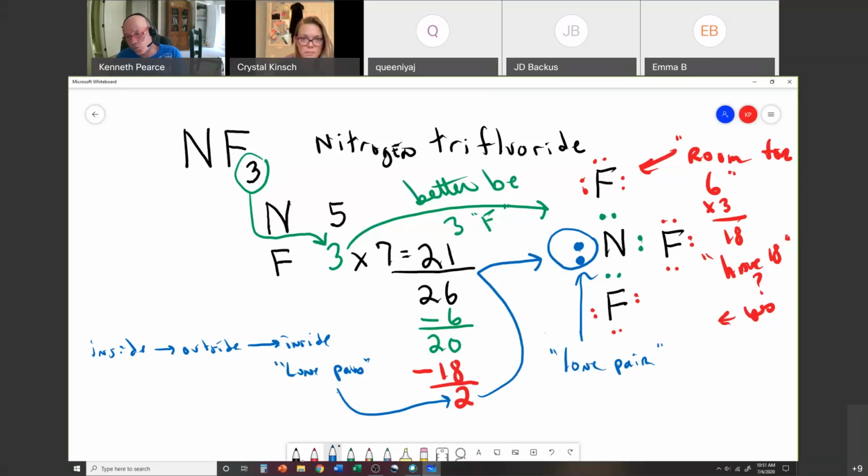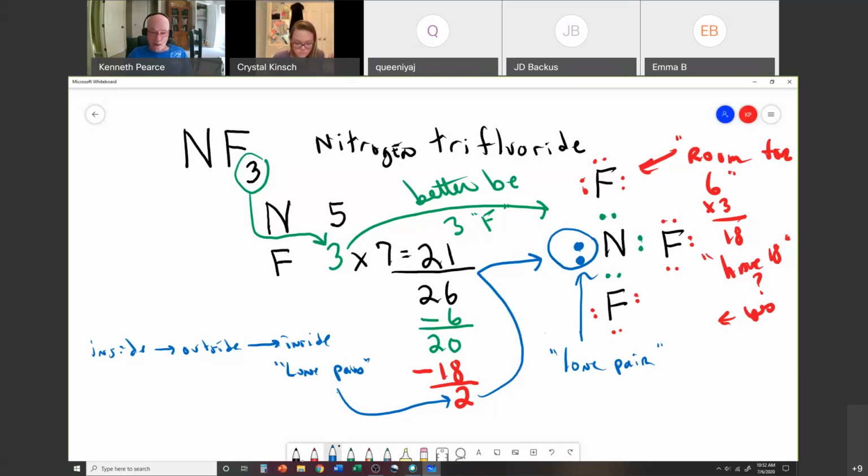Also, the reason why you circle lone pairs is they take up space. More on that with geometries. When we're looking at geometries, it's important that we understand that lone pairs take up space and that they exist. Okay. Sometimes we forget that electrons take up just as much space as atoms do if they're just floating around. All right, now let's check for octets. Let's check for happy atoms.